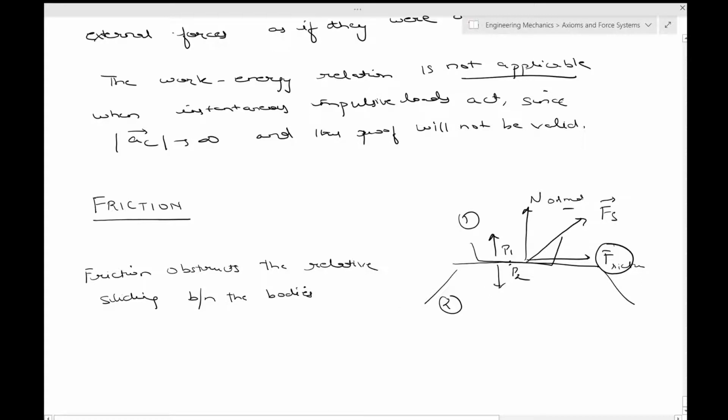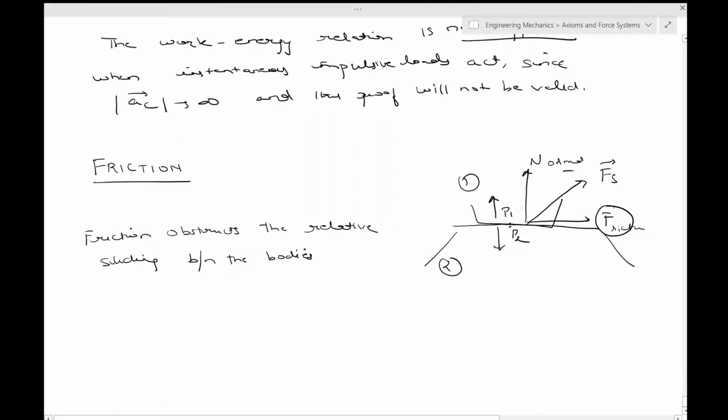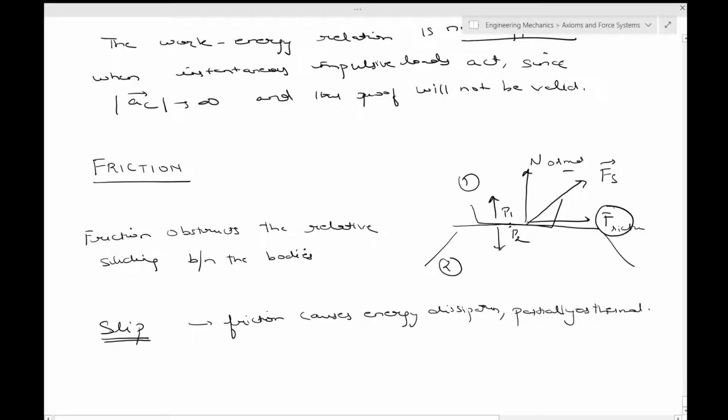Now if there is a slip between two bodies, then friction will cause an energy dissipation, partially as thermal. So the energy will go into the environment because of this friction.